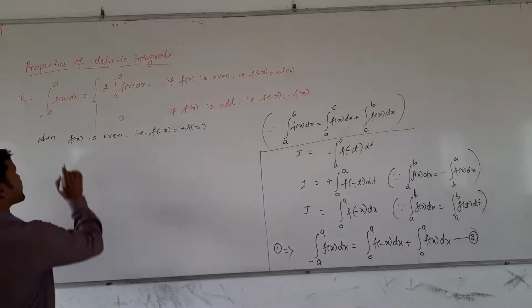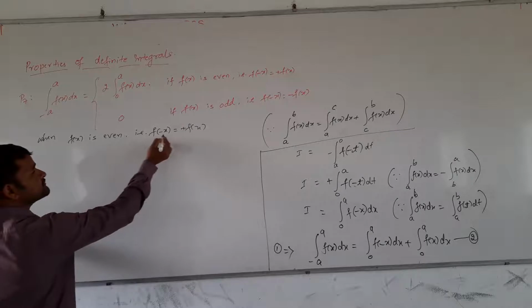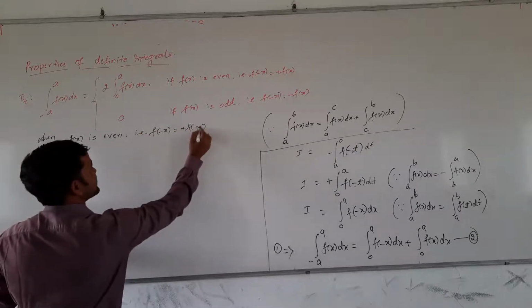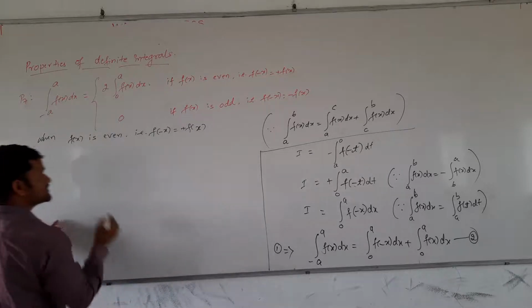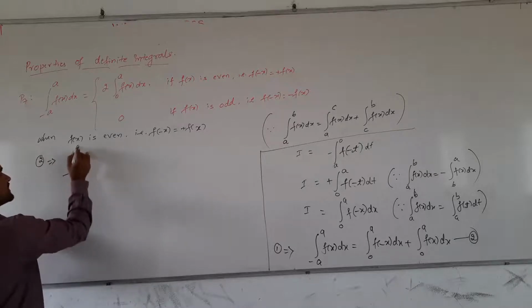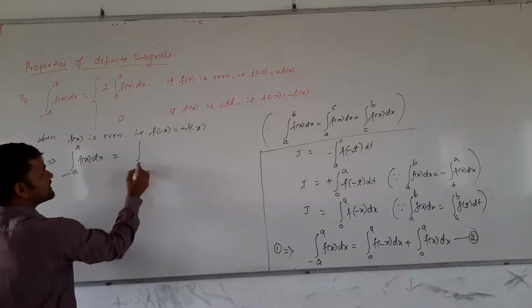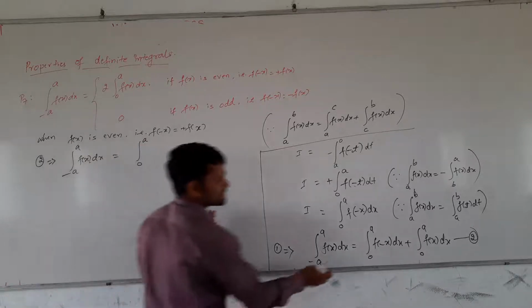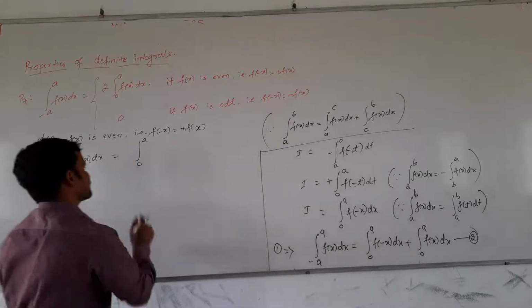Okay. Now when f of x is even, that means f of minus x is equal to plus f of x. What happens to the integral from minus a to plus a? I will take it with equation 2. Equation 2 implies integrating from minus a to a f of x dx is equal to integrating from 0 to a f of minus x, and f of minus x is equal to plus f of x here.